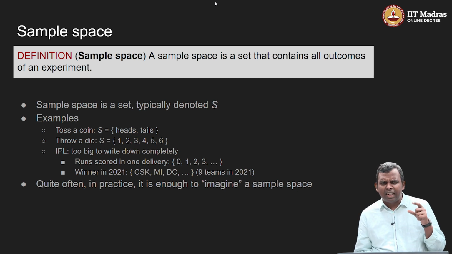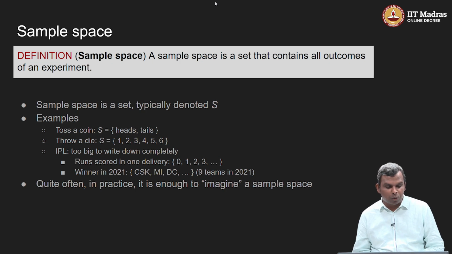So depending on the level of detail you want, even in a big experiment, the sample space can end up being small. But nevertheless, the experiment itself is so rich, the set of outcomes are so rich, like an IPL, that you can do a lot more. But maybe this gives you a hint as to what to look for when you think of sample space in real life.